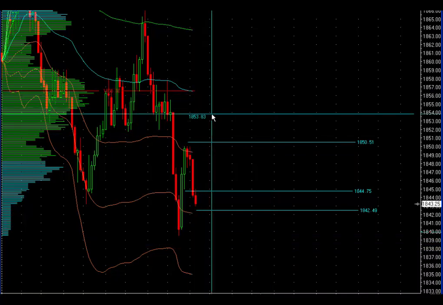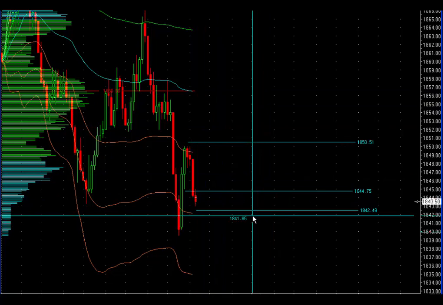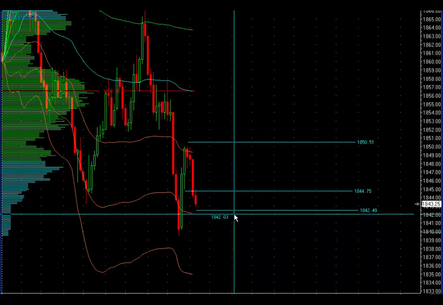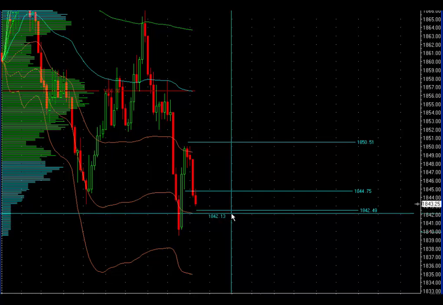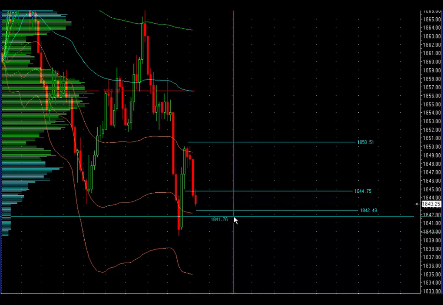You see the VWAP now crossing over the peak volume price. Price action is heading down. We're looking for a 842.50 exit.